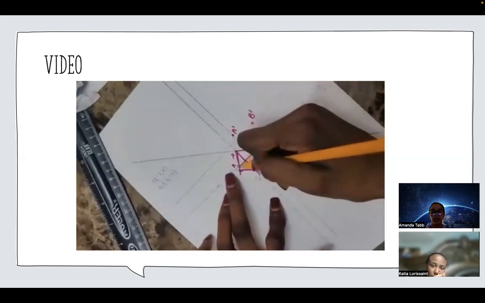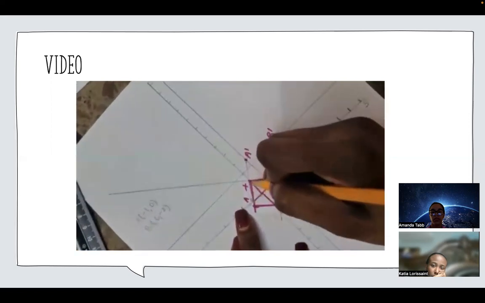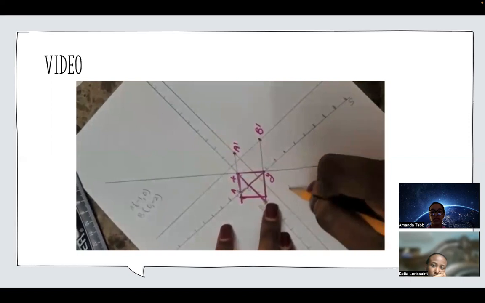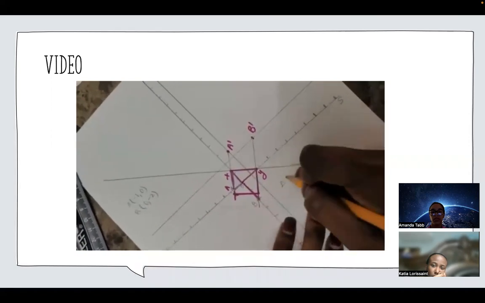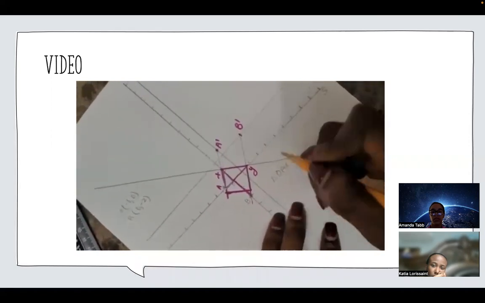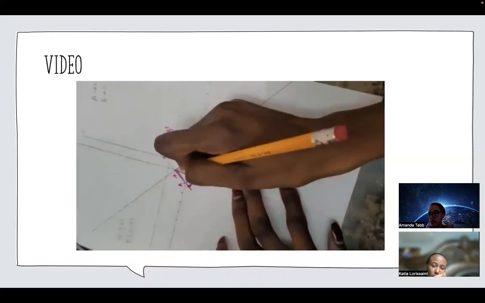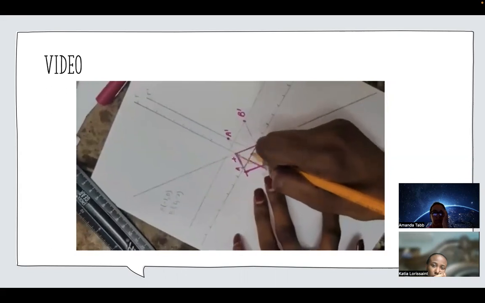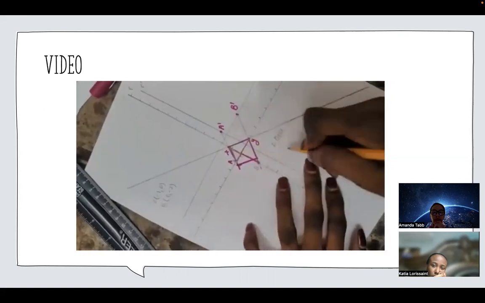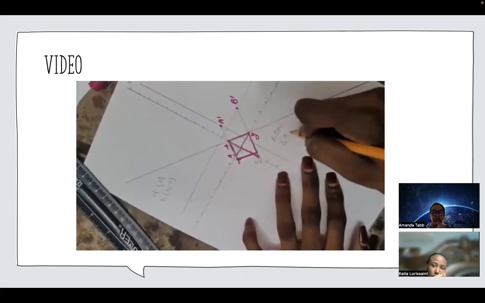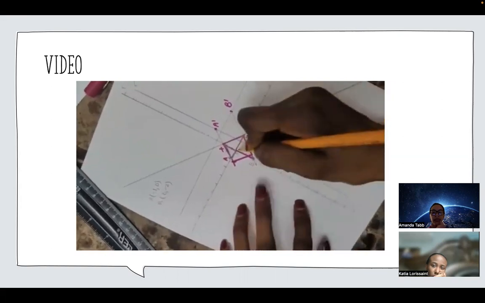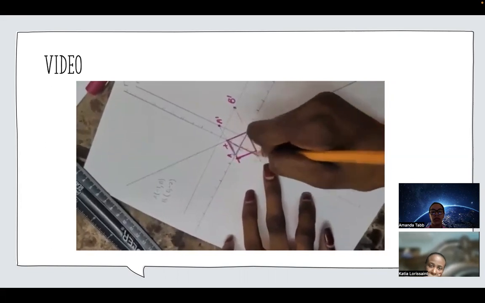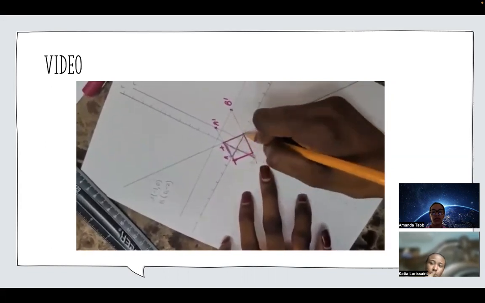Hopefully you can see it better in the camera. This is triangle OAX. Then we have triangle OXY, right here. And then our last right triangle is OBY, right here.